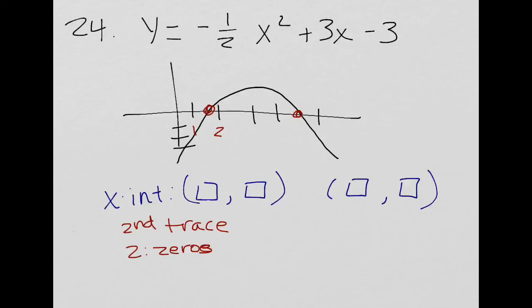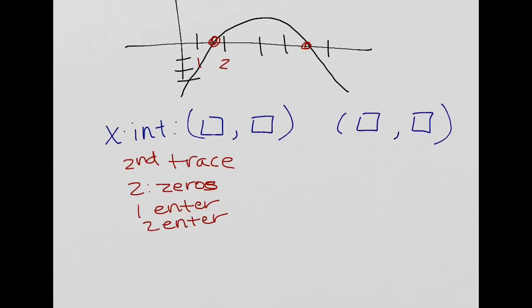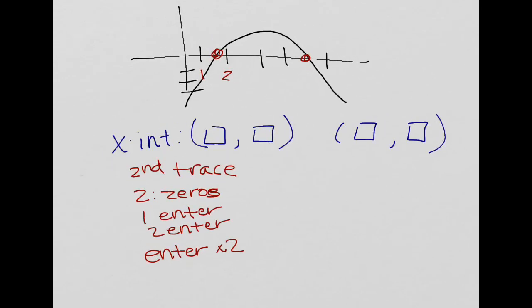It's going to ask you for a left boundary, so you'll say 1, enter, 2, enter. Then it'll draw 2 lines there, so you'll say enter again, twice, and it'll give you 1.30 as your first one.